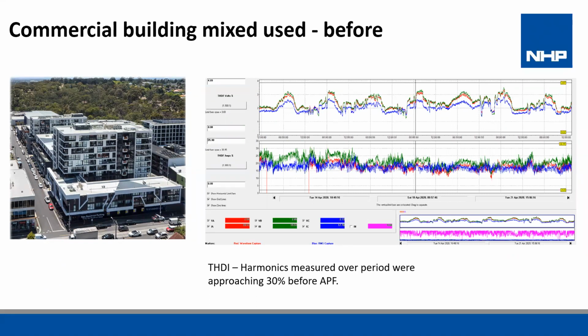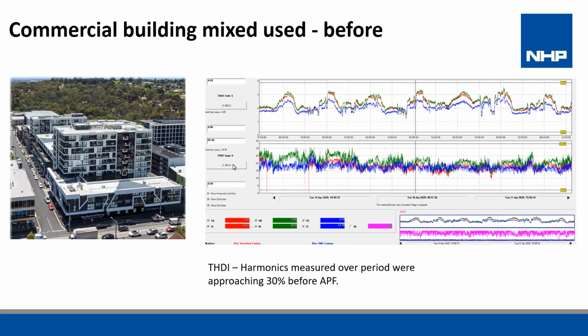But initial discussions with us led to us advising to conduct a power quality audit to determine the nature of the issue. We observed that harmonic currents were quite high, approximately 30%. So THDI was 30% on average during the recorded period.